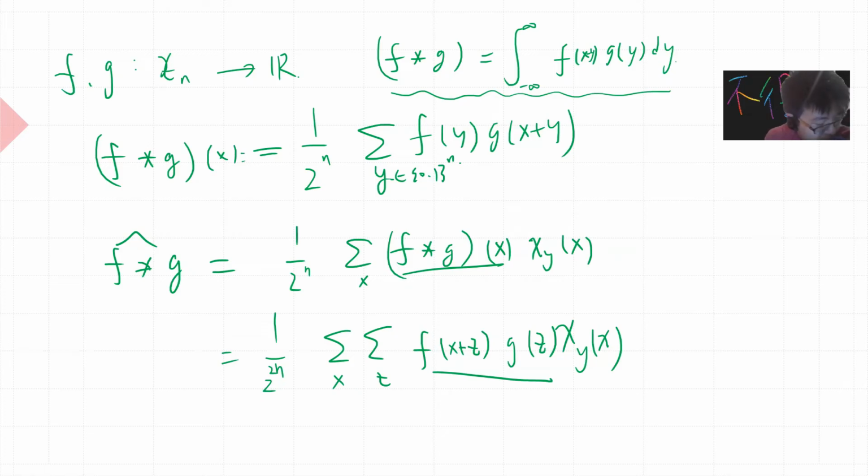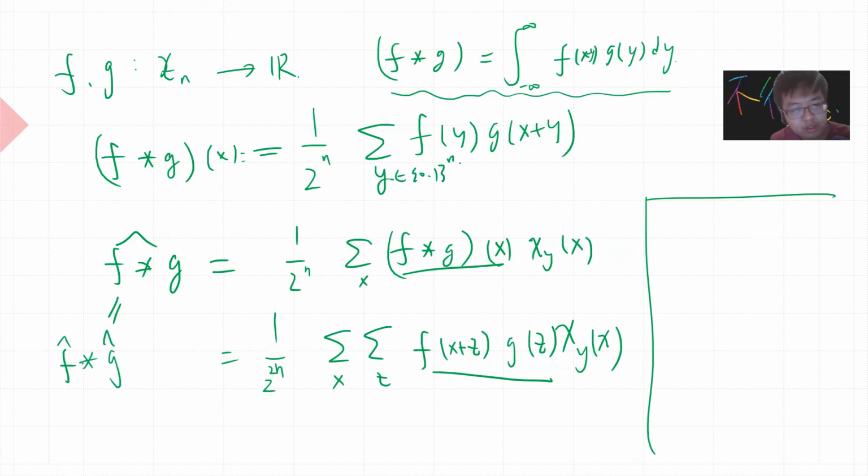So what I should do is very trivial. I hope to prove that these terms actually equal f hat times g hat. Simply speaking, let's write chi_y(x) as minus 1 to the x dot y, as a vector.